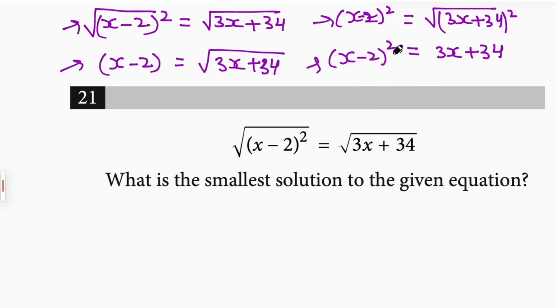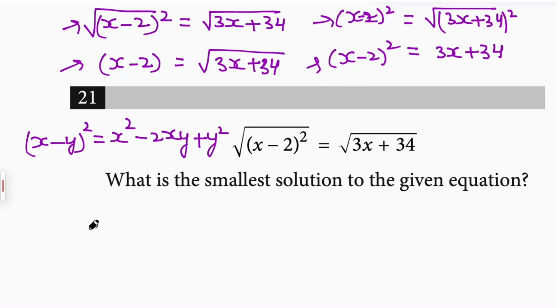Now here I have a square, so we can use the identity. This identity is x minus y whole squared is equal to x squared minus 2xy plus y squared. So in place of y we have 2.